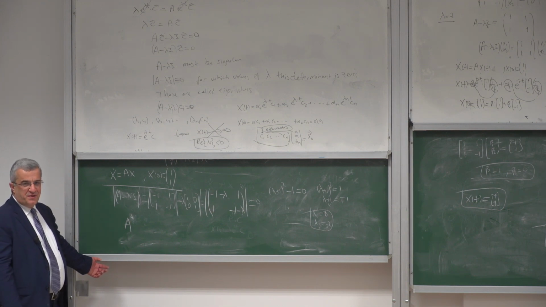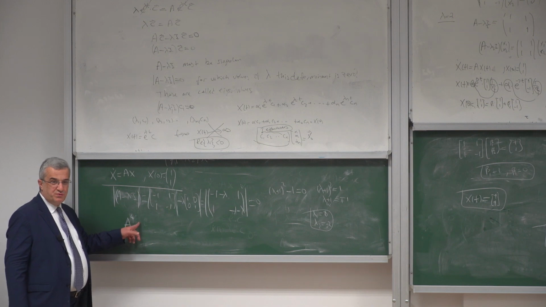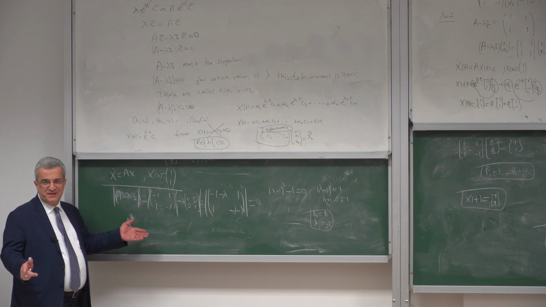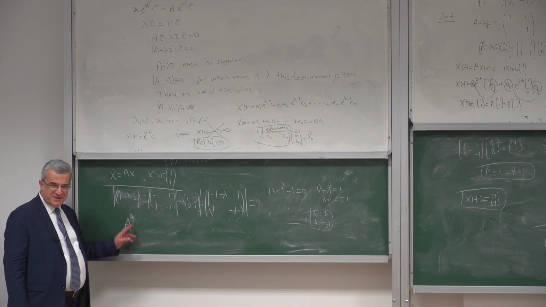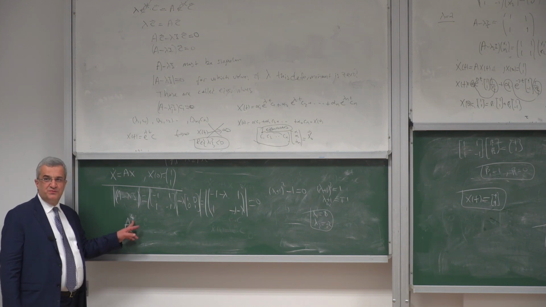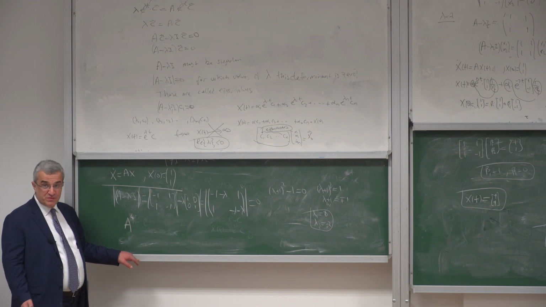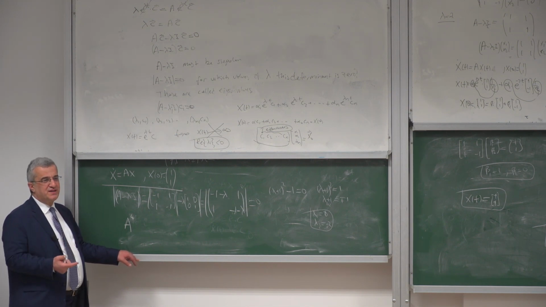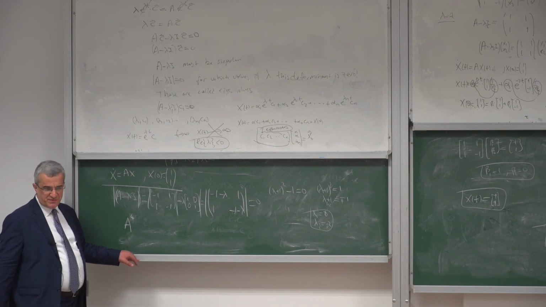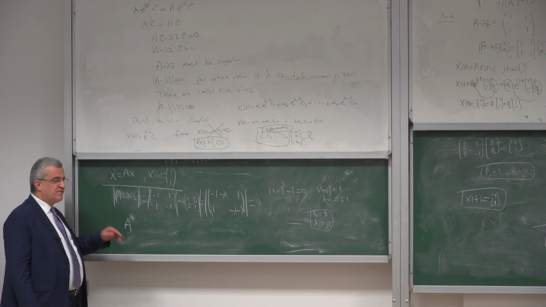If I am more merciful, I will ask you for A to the 400, and you will say, no, I cannot multiply that. But if I ask you A to the 4, you will say, okay, let me multiply this 4 times. Of course, you should immediately realize that the professor is not asking me to multiply this matrix 4 times, right? So how do I find this?